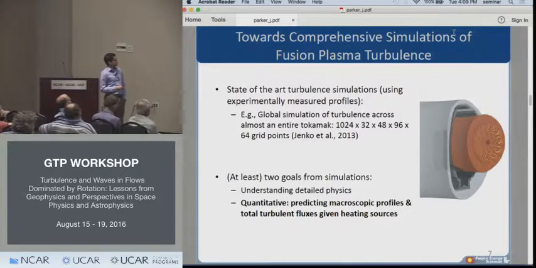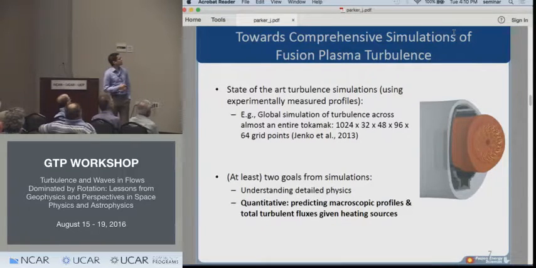Now, of course, there are at least two goals from simulations. One is to understand the detailed dynamics and physics microscopically of what's going on. But a second goal, which is really the focus of this talk, is more quantitative: to predict the macroscopic profiles and the gross levels of overall turbulent flux, given something physical like heating sources or particle sources.